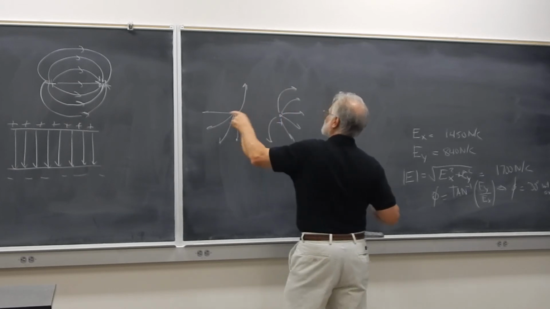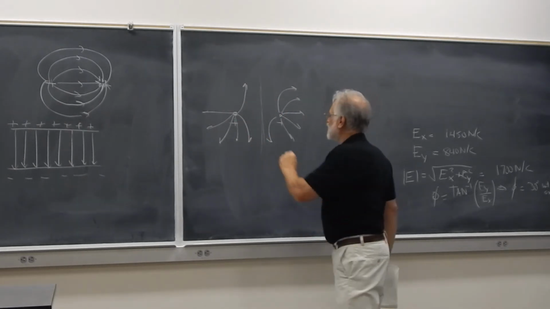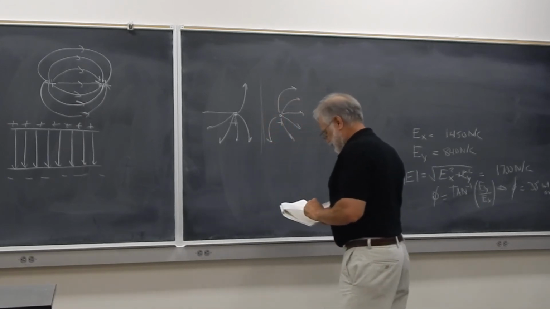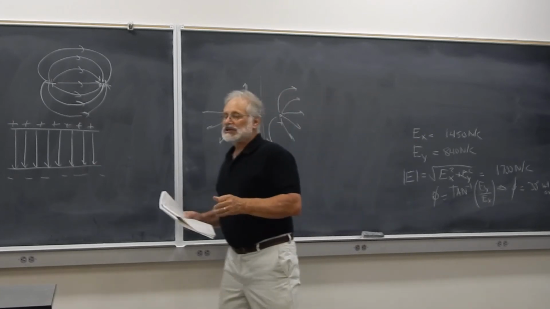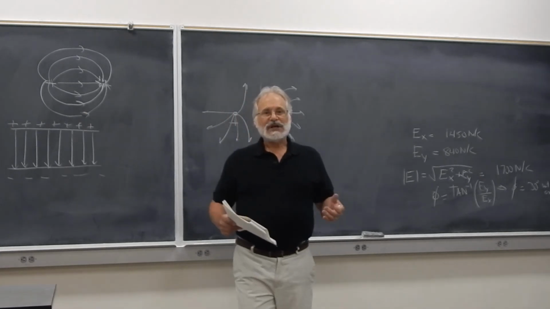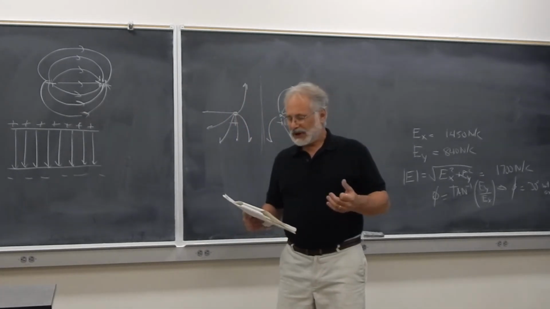Say the charges are equal. There's a space in between where the field is going to be 0 because the lines are going to be equal and opposite. So those are some nice examples of how we operate with point charges.